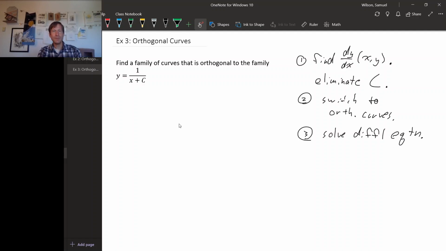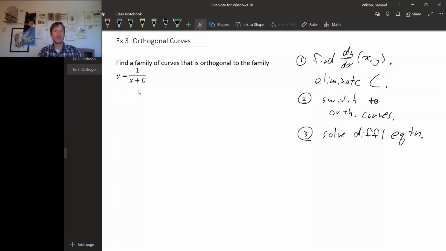Okay, so there are sort of two ways to go about finding dy dx in a way so that we can eliminate c. One is to take a derivative first and worry about eliminating c later, or you can arrange the differential equation so that c will sort of naturally disappear when you take a derivative.